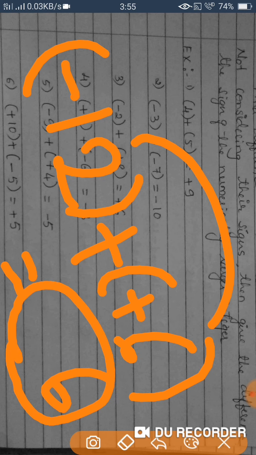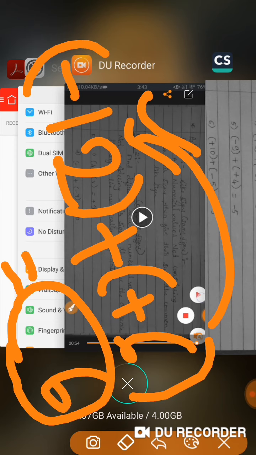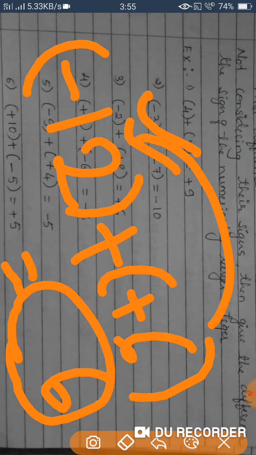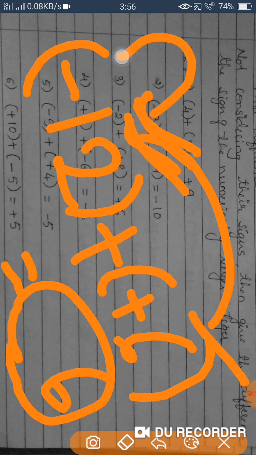Which sign do we have to choose? Which is the bigger numeral here? 12 is the bigger numeral compared to 6. Then write this sign to the answer. So that is minus 6.